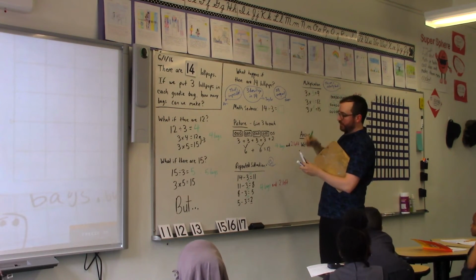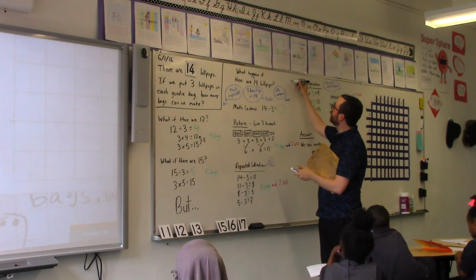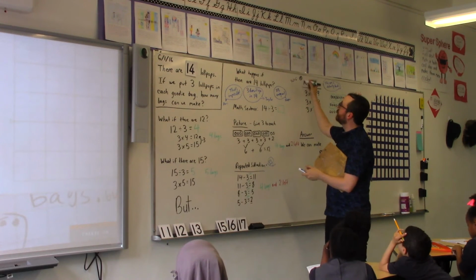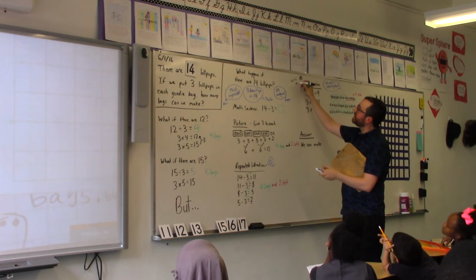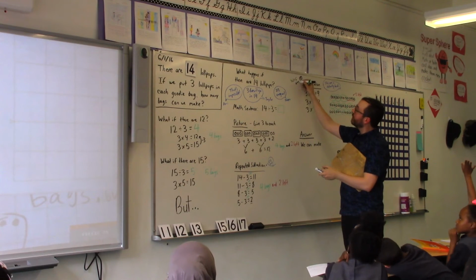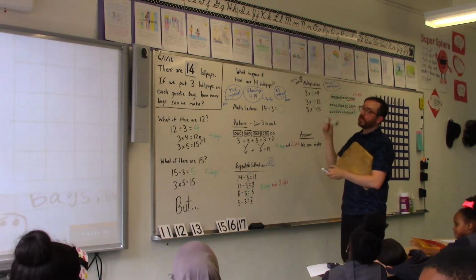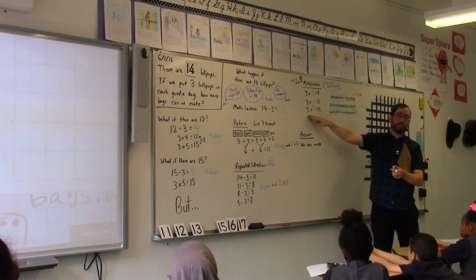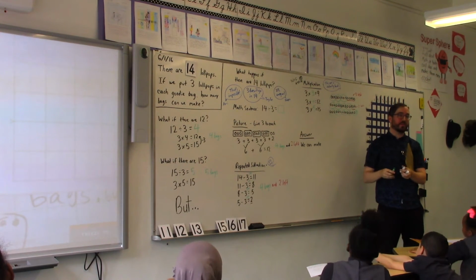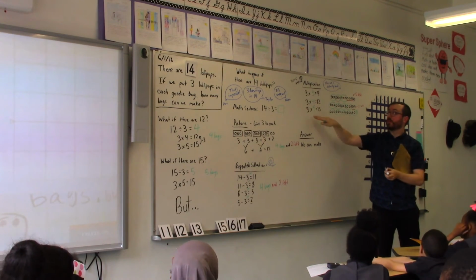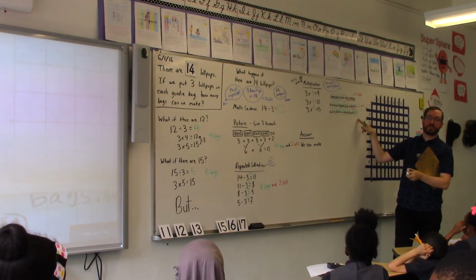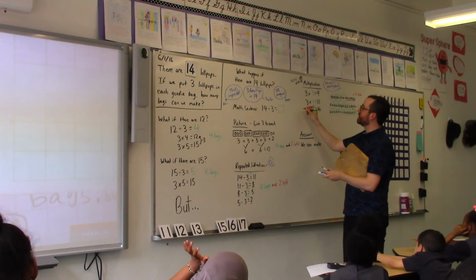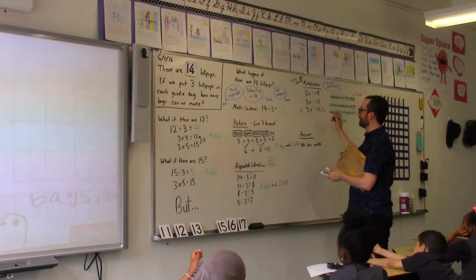We would still have 8 lollipops that we could certainly put into bags of 3. But back to 3 times 5, what do you think? Can we do this? No, because we don't have 15.